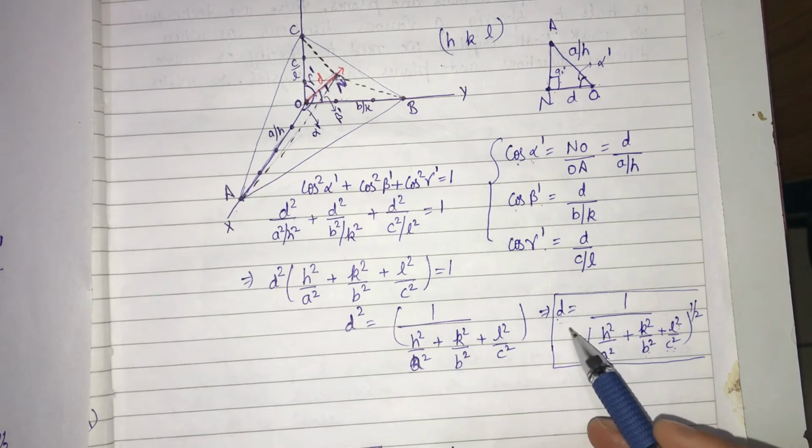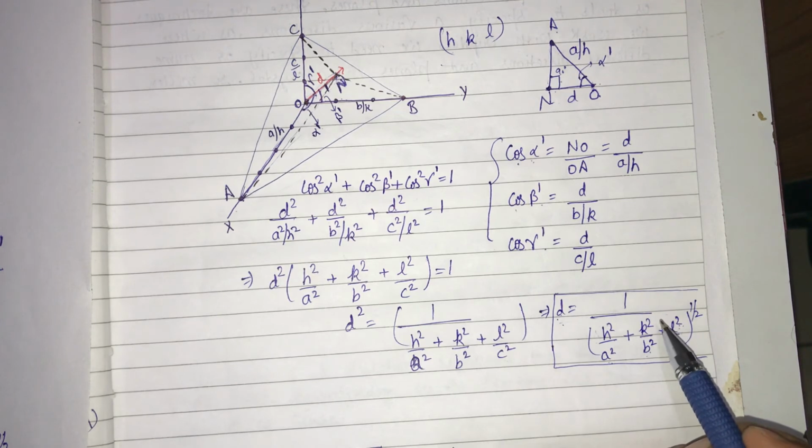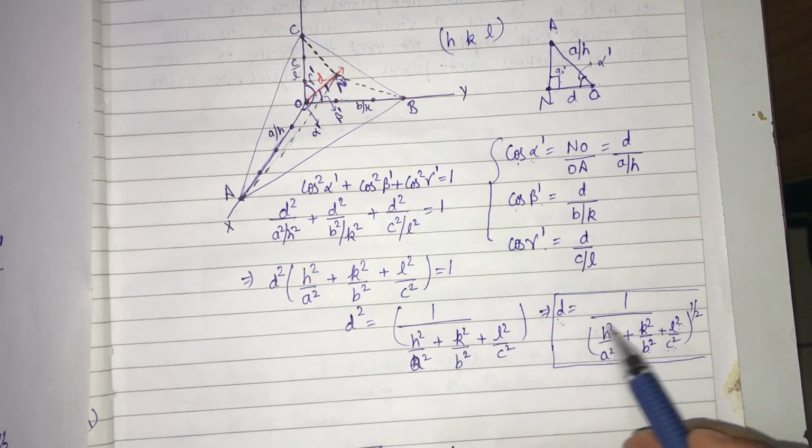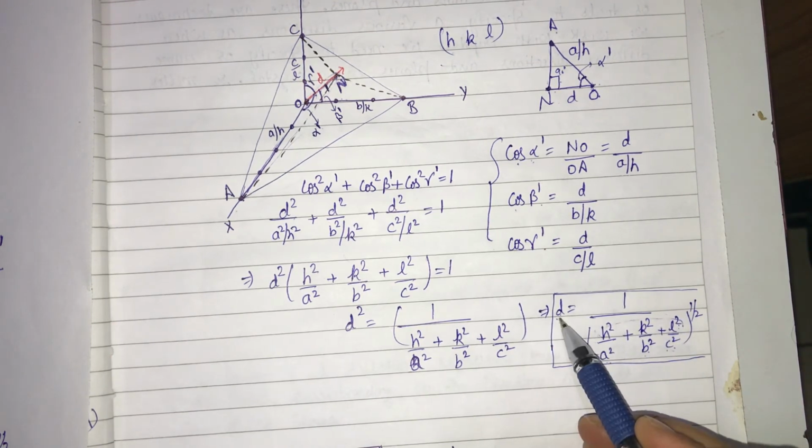And from this you can see here, low index planes, which have high interplanar spacing, have a higher density of atoms per unit area than the planes which have high index. Clear? So you can mark here that if the hkl value is more, then the interplanar spacing will be less.